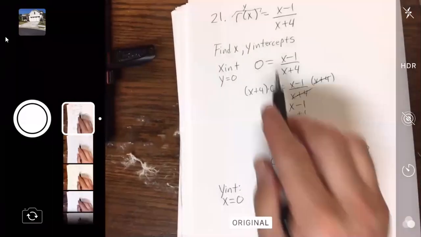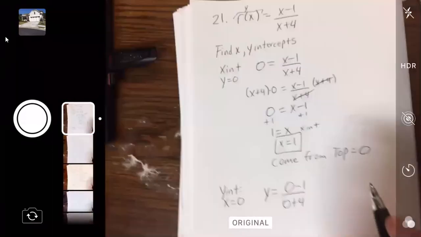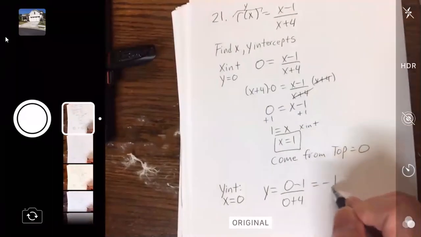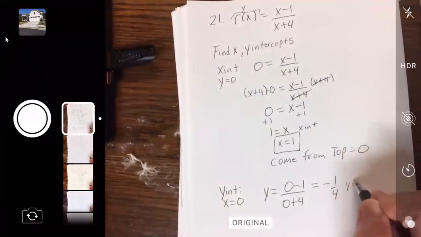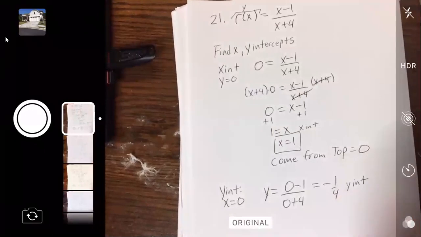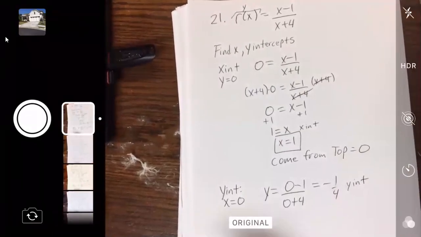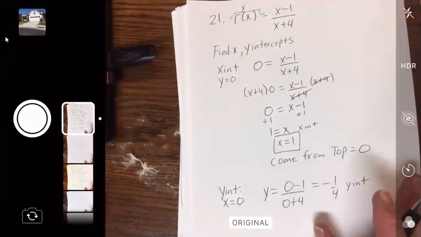I stick in 0 for x, and I'm going to get negative 1/4. That's my y-intercept. Questions about this? Nope. We're good. Okay. Go down to 31, and they want horizontal and vertical asymptotes.